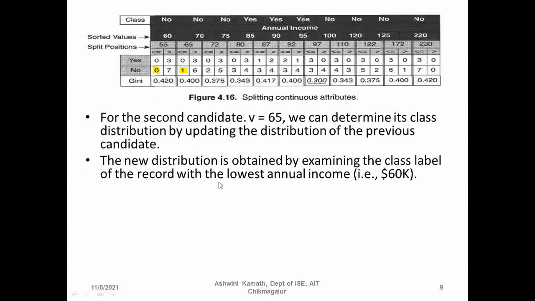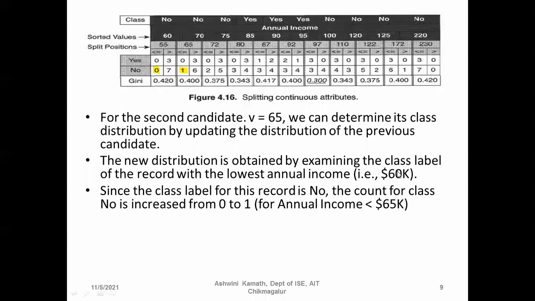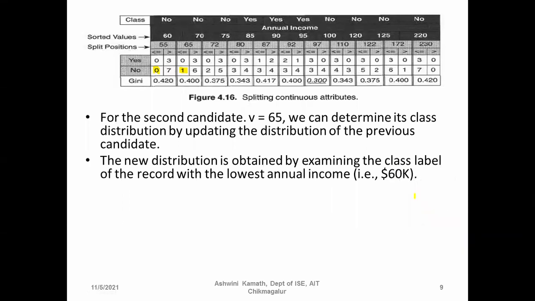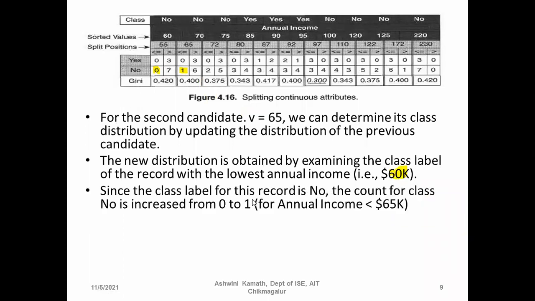We have only one value which belongs to 60K, and the classification for this is no. So since the class label for this record is no, the count for class no is increased from 0 to 1.